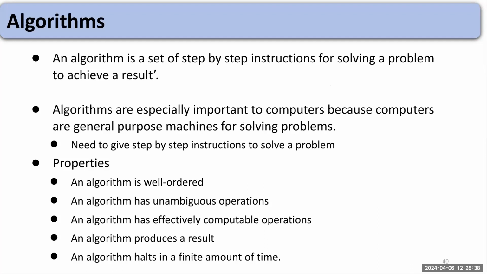Simply, suppose we want to make a cup of tea. To make a cup of tea, you have to first boil water, and then wash all the things needed to prepare tea, and then add sugar and tea.